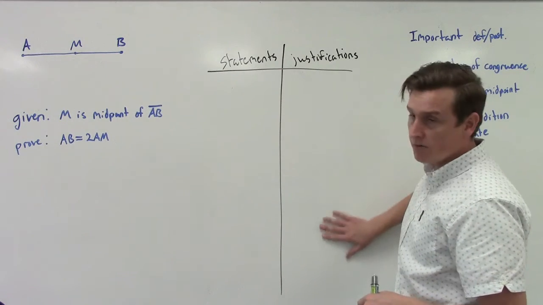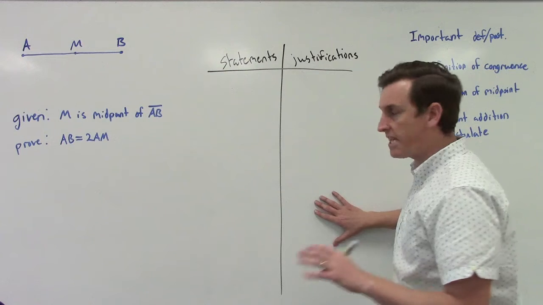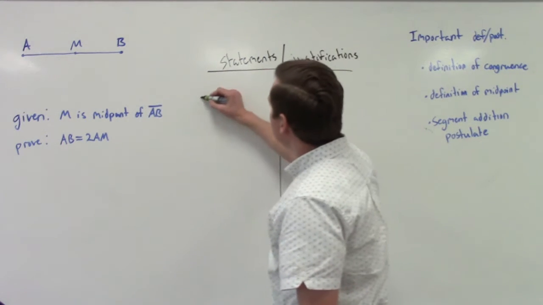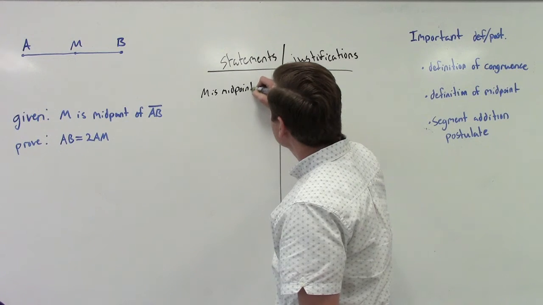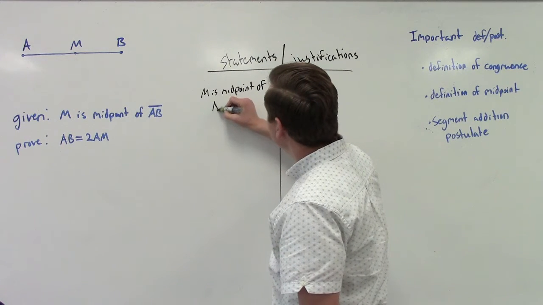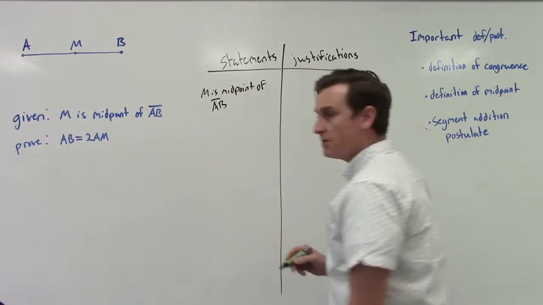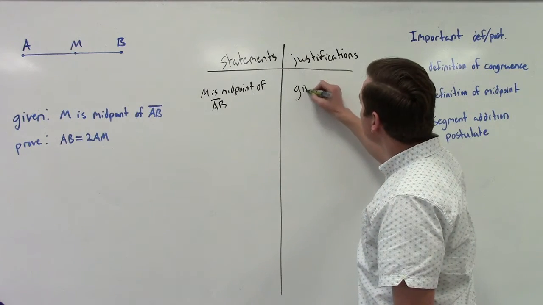So that's what can go over here. Anything we already have established is true. So let's start off with M is midpoint of AB. Okay, how do we know that? Given, right? That's how we start.